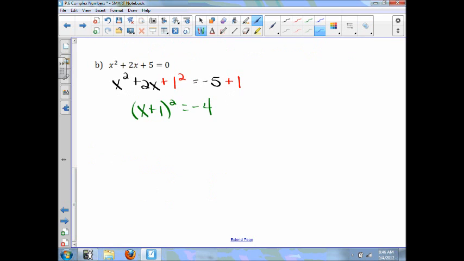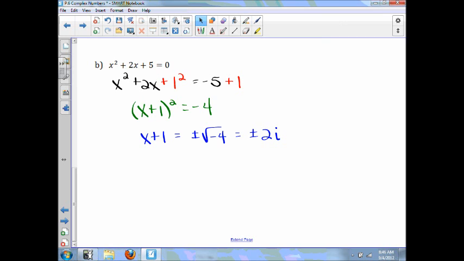When you take the square root of both sides, the square root of negative 4 is really plus or minus 2i. So x will equal negative 1 plus or minus 2i.